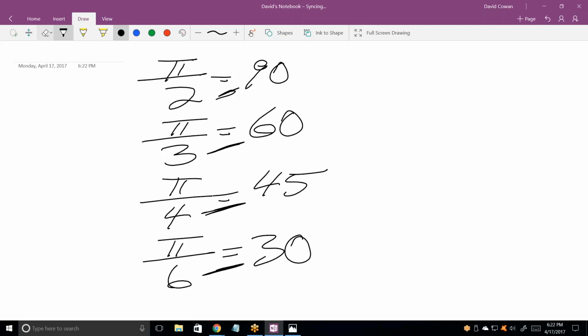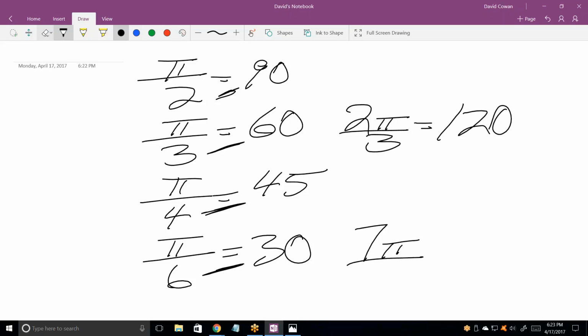Now, the beauty of this is, what's 2 pi over 3? Yeah, pi over 3 is 60. What's 2 pi over 3? 120. If pi over 6 is 30, what's 7 pi over 6? 210.